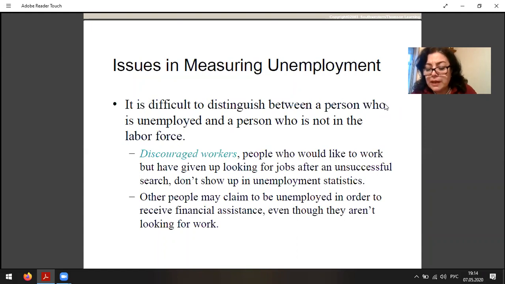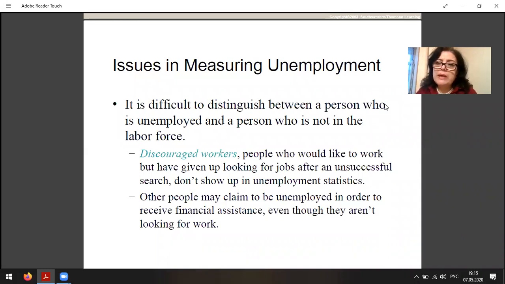So in that situation, many people become discouraged, and that's why we classify them as discouraged workers. Unfortunately, a significant portion of unemployed people are among discouraged workers.